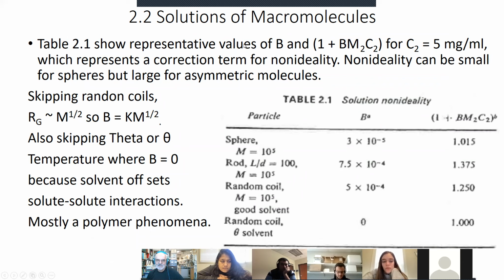This is that discussion that I'm not going to go through. This is describing what you do with random coils and some other concepts that I won't emphasize right now. So the expression that we have up above involves a chemical potential in terms of a unit involving molecular weight, and then there's some other term there that involves a virial coefficient times the concentration.